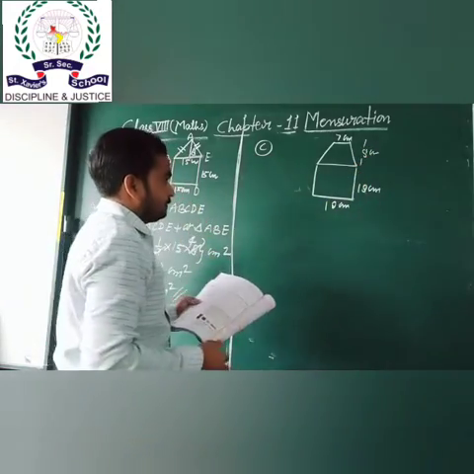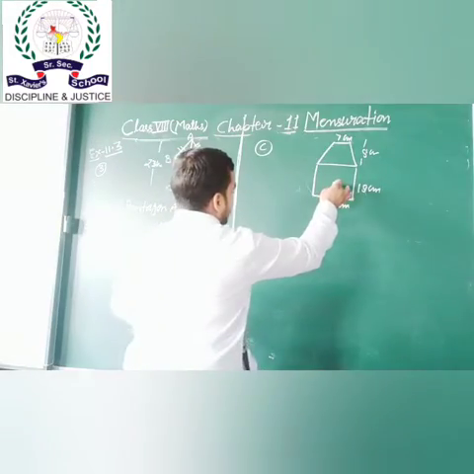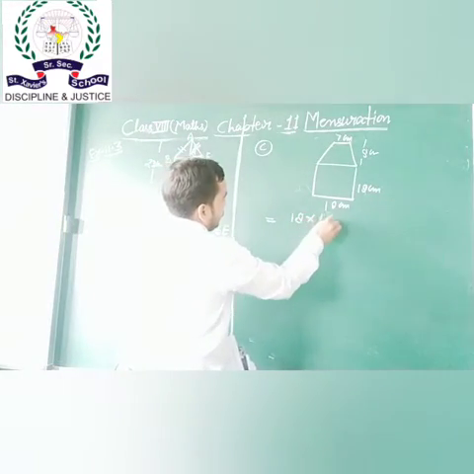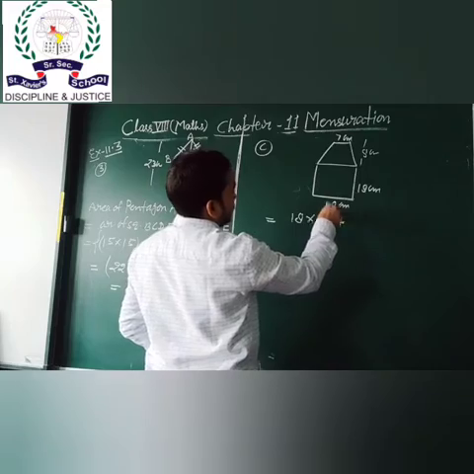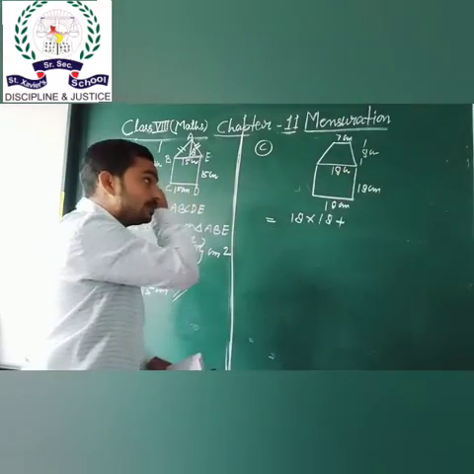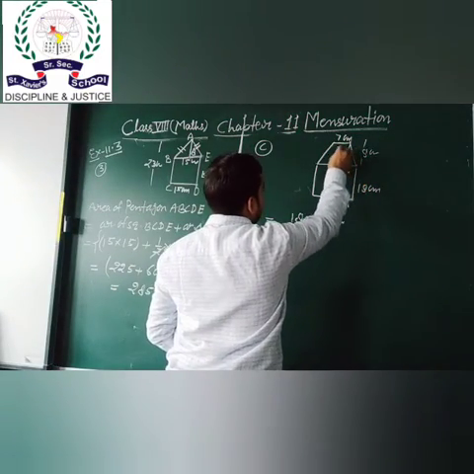Find the area. So first we have to find the area of the square, 18 into 18, plus this side is 18, so this is also equal to 18 because opposite sides of the square are equal. And the distance between them is given as 8 centimeters.